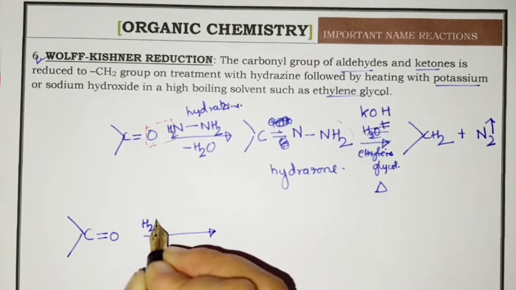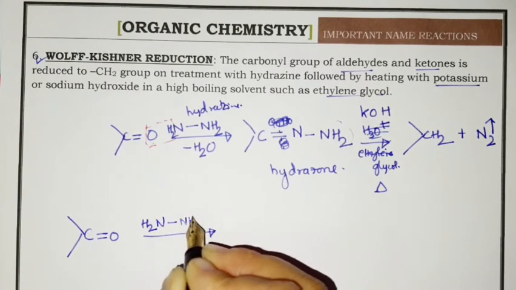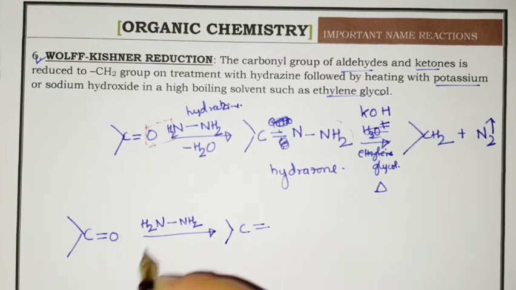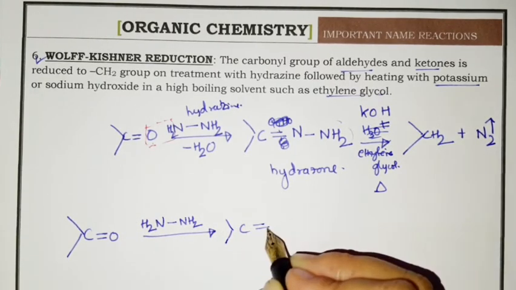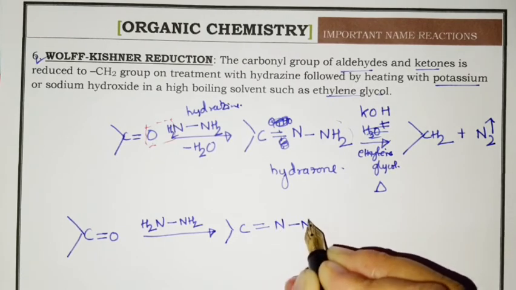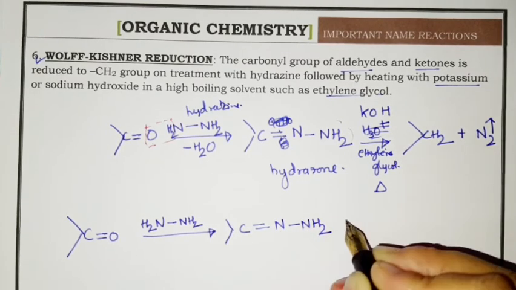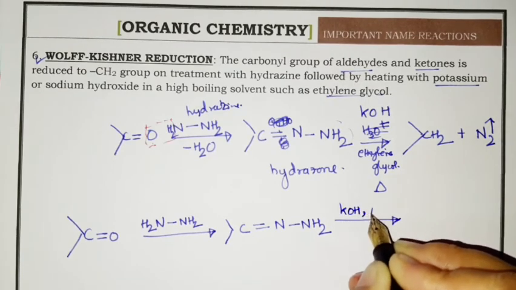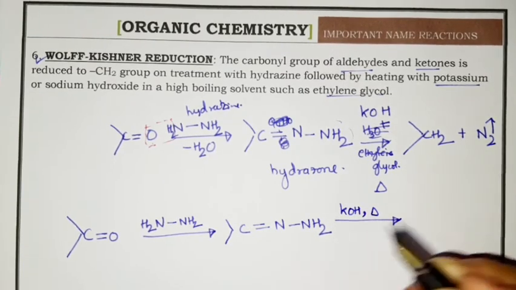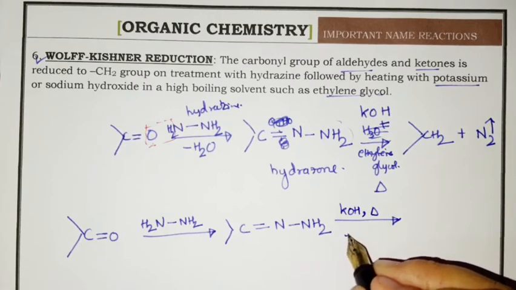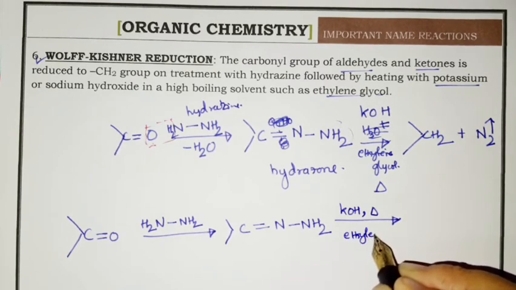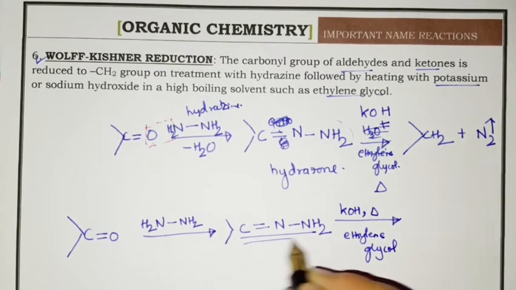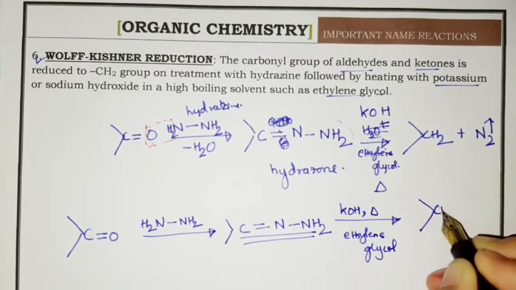when it reacts with hydrazine, it forms hydrazone. So in hydrazone you have C double bonded N and NH2. This upon heating with potassium hydroxide in a high boiling solvent ethylene glycol, okay, will now change to CH2.